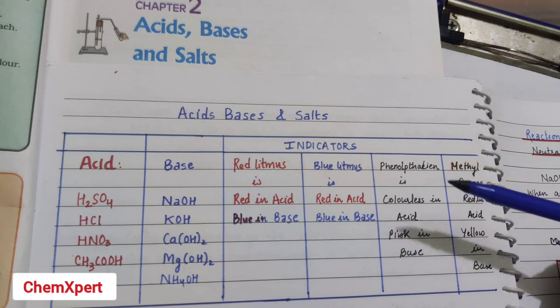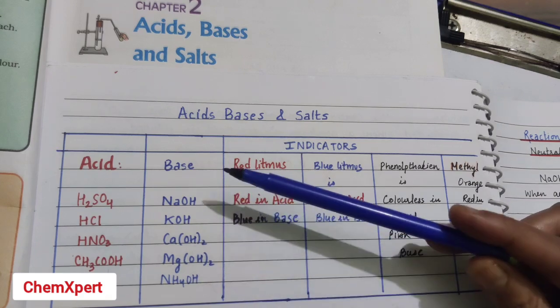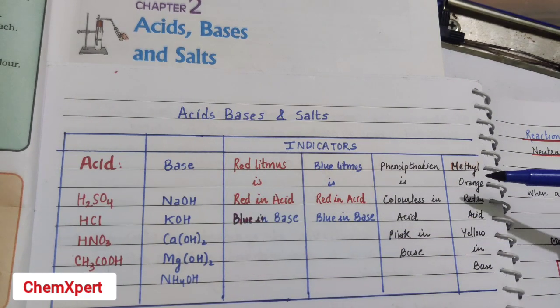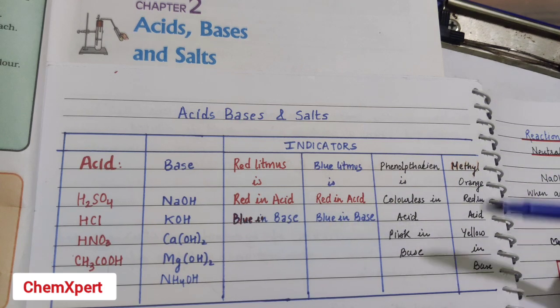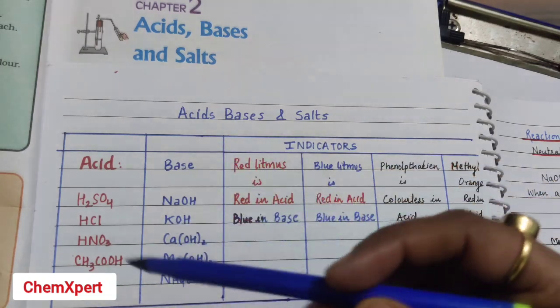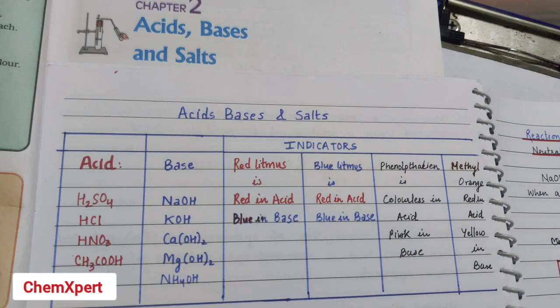Then phenolphthalein is colorless in acid but turns pink in base. Then one more indicator, methyl orange, is red in acid and turns yellow in base. So these are the indicators which are used to find out whether the given substance is an acid or a base on the basis of their color.